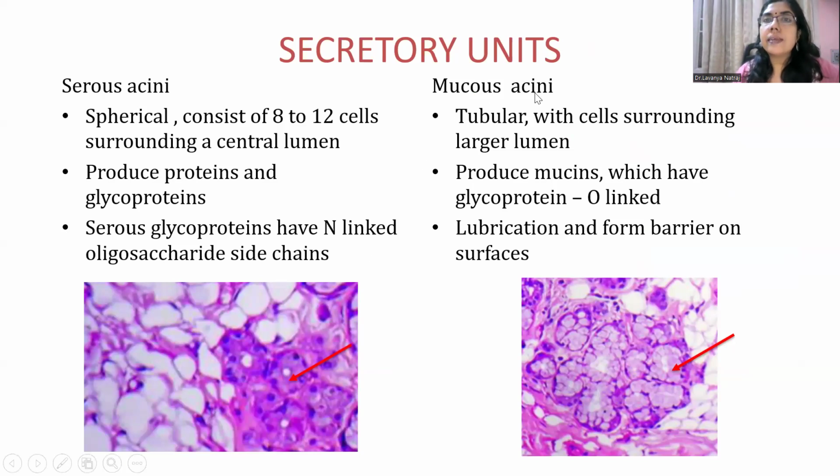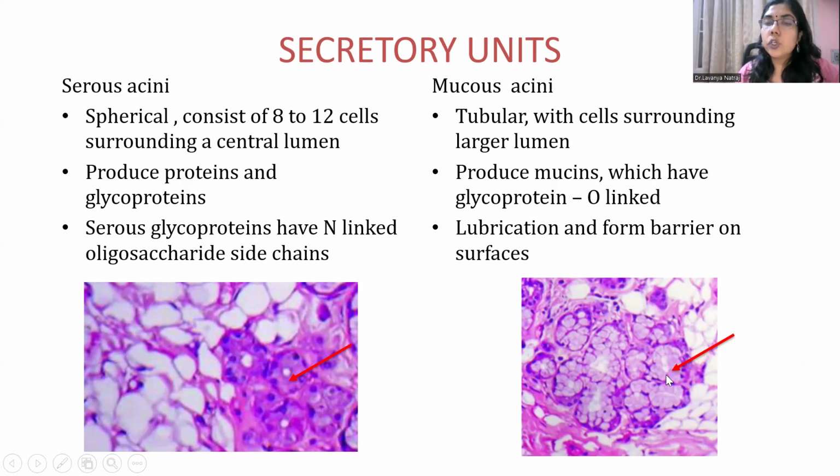Coming to the mucous acini, that is totally different from your serous cells. The mucous acini contain about 10 to 12 mucous cells. They are tubular in nature, and their cells surround a very large lumen.